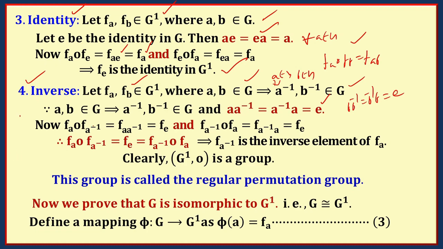Now f_a ∘ f_(a inverse) is equal to, using 2, f_(a a inverse), which is f_e. Again, f_(a inverse) ∘ f_a is equal to f_(a inverse a), using 2, which is f_e. So f_a ∘ f_(a inverse) is equal to f_(a inverse) ∘ f_a, which is equal to f_e, where f_e is the identity element in G'. So f_(a inverse) is the inverse element of f_a in G'. Clearly, G' under circle is a group.